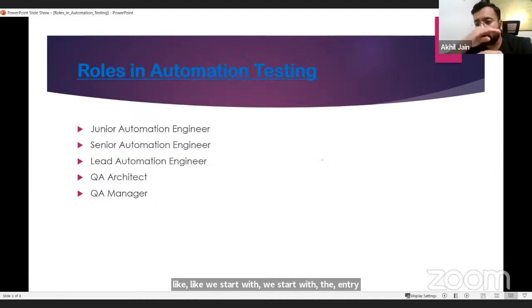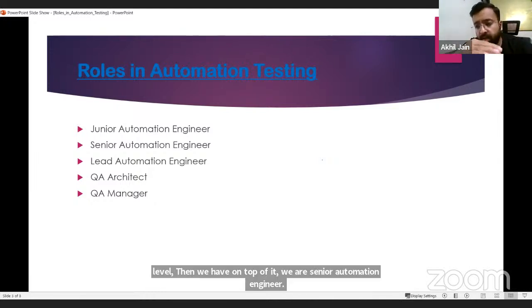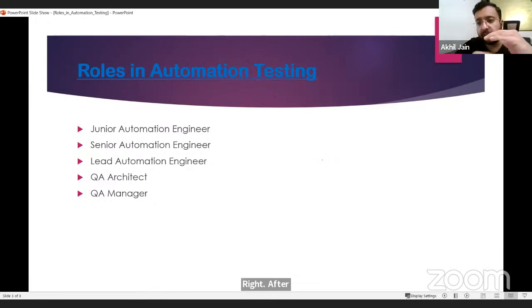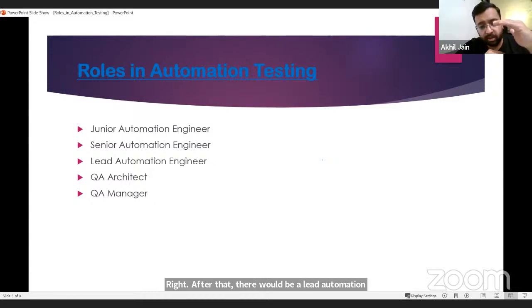Then on top of it, we have the senior automation engineer. After that, there would be a lead automation engineer like me, I'm working as a lead, right? So that is where I come in. After that, there could be a next level, which could be QA architect or QA manager.